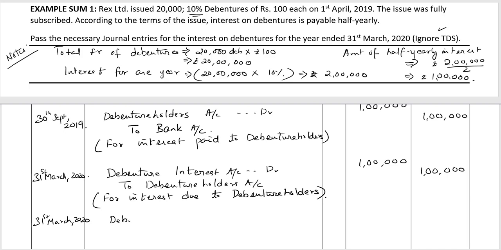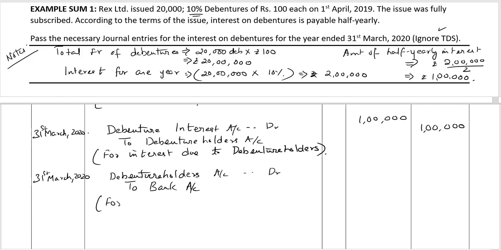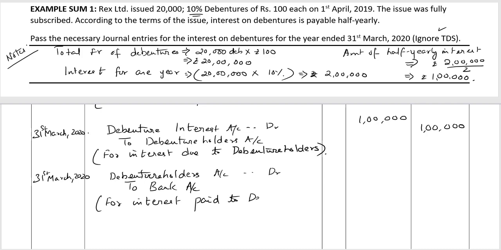Debenture holders account debit to bank account for interest paid to debenture holders. Amount of interest paid 1 lakh rupees.